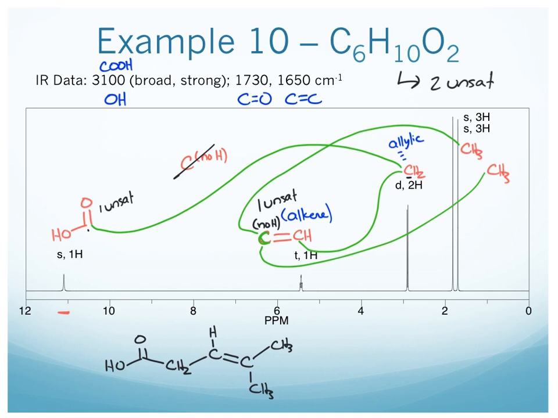If it helps, we can label these signals. Do A, B, C, D, and E. There's A, B, C, and then these two, we're not sure which one's which. But one would be D and one would be E.